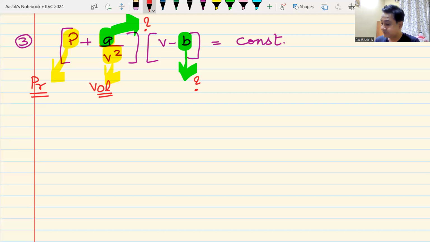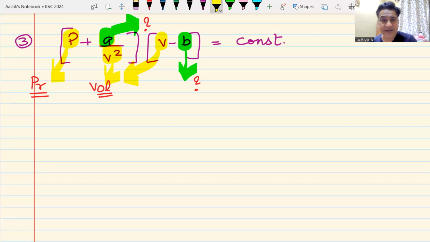I will solve one part, the part where we can find the dimensions of B. Now remember, what is V? V is volume. We understand this, yes or no? Now we have seen that only same quantities can be added or subtracted. Here we see subtraction. B is getting subtracted from V. Here V is volume.